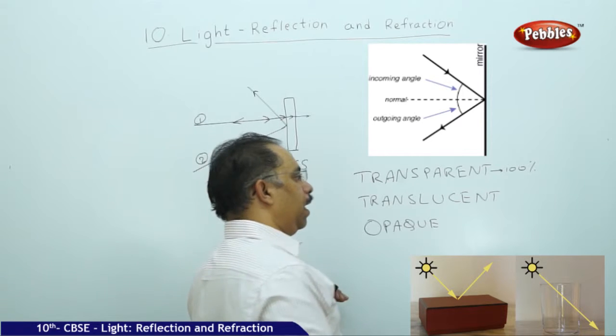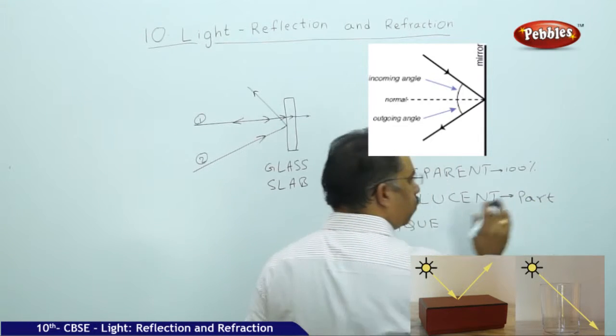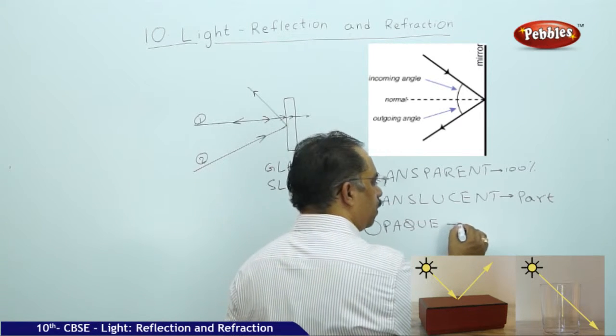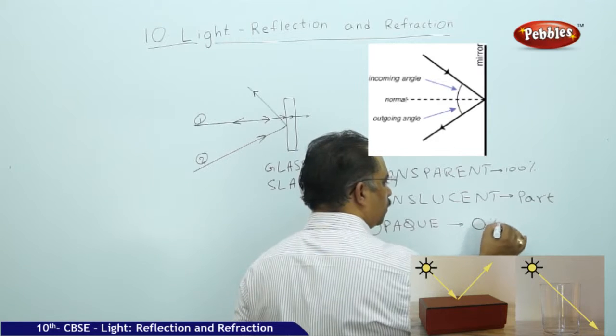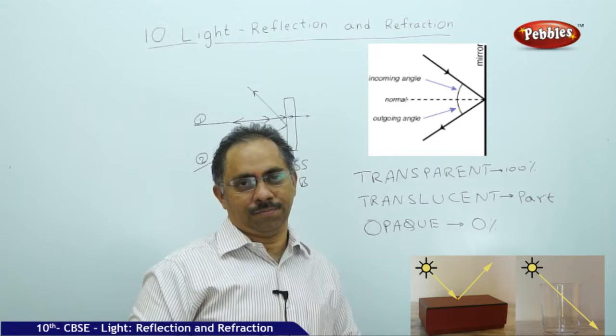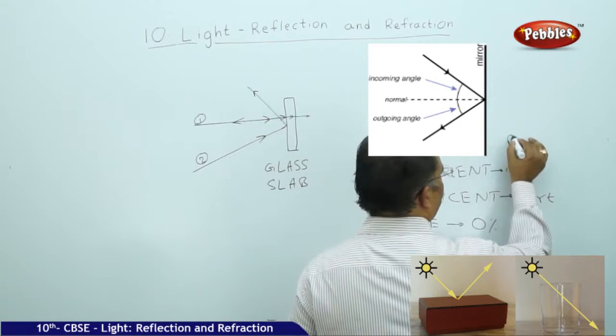Translucent: only a part of the light will pass through. Whereas opaque: 0%. It will not allow light to pass through it. This is with respect to the passing of light.